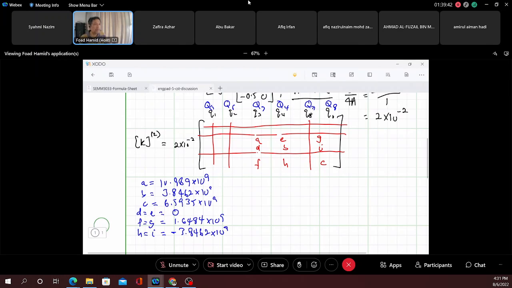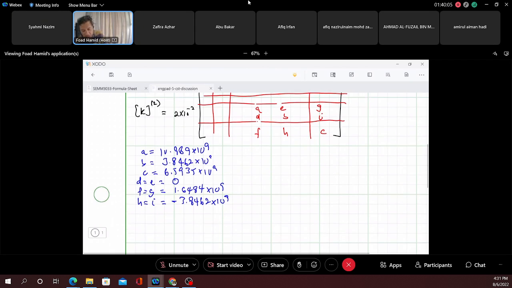Okay, by now, I think you can see that up to this point, we are doing number crunching. We just calculate, just press the calculator, press the calculator. And keeping track of which is the local node and which is the global node. That's it, nothing else. Okay, so now comes the important part.